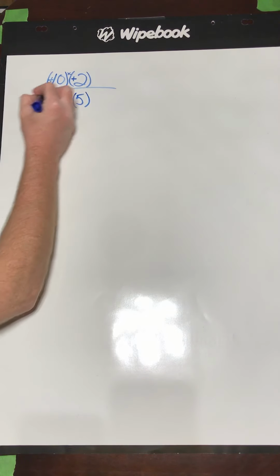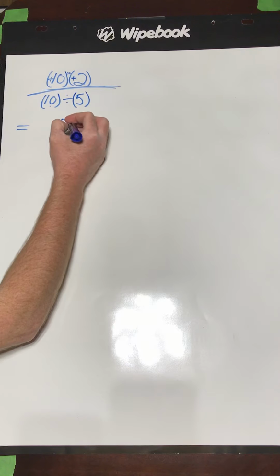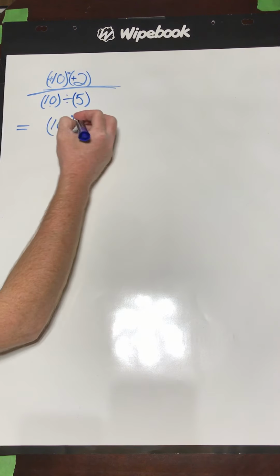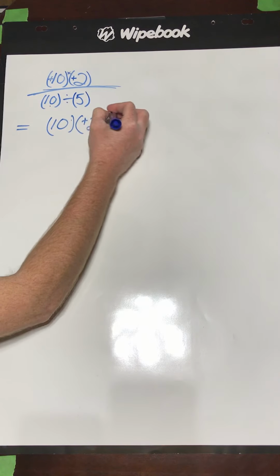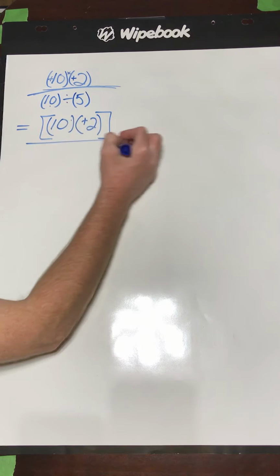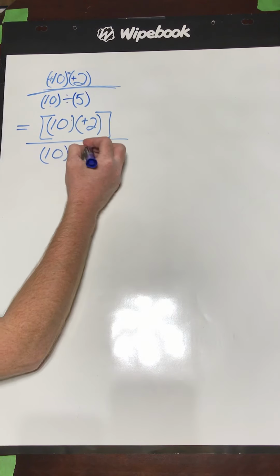And again, we have this fraction bar. So we have to do the numerator and the denominator separately first. So to help me out, I am going to put some square brackets around the numerator, and I'm going to put some square brackets around the denominator.